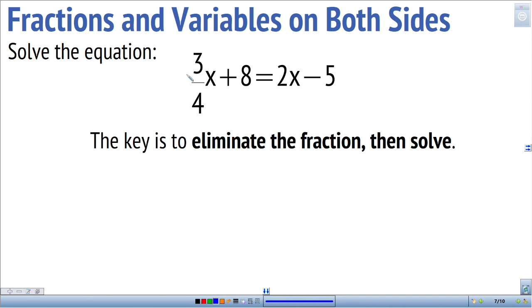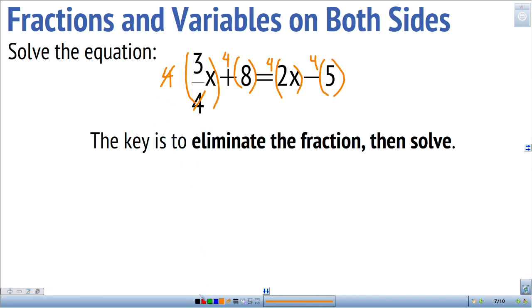All right, so when you multiply everything by 4, it's going to look something like this. So we're going to multiply that term by 4, we're going to multiply this term by 4, and also this term by 4, and then also that term by 4. So the purpose of that is the 4 here and the 4 that's in the denominator will divide away.